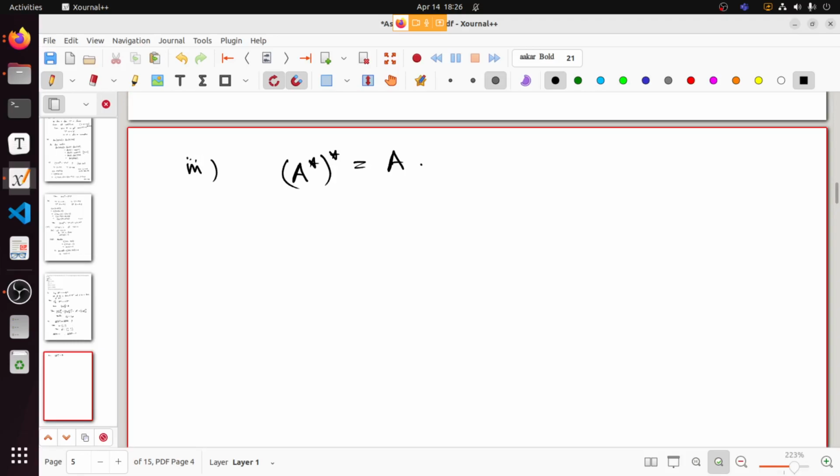We will get it back. So let LA be the corresponding linear transformation. LA will be mapped from, suppose, V to W, right? Then what will be the LA star? It will be W to V, right?